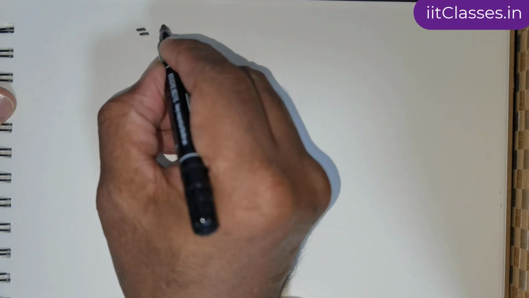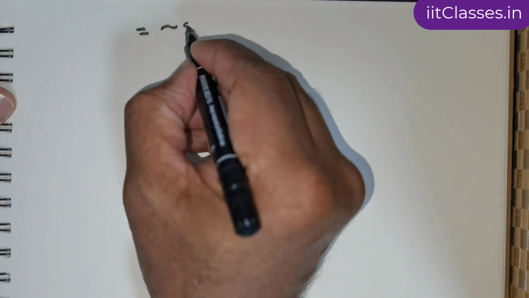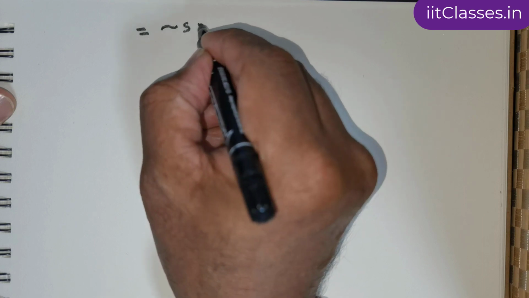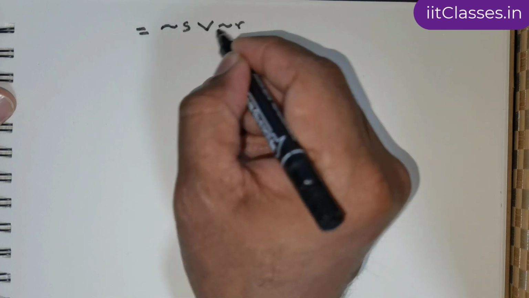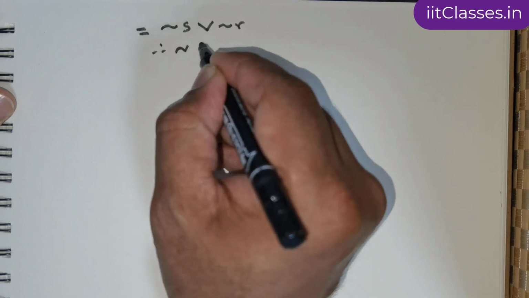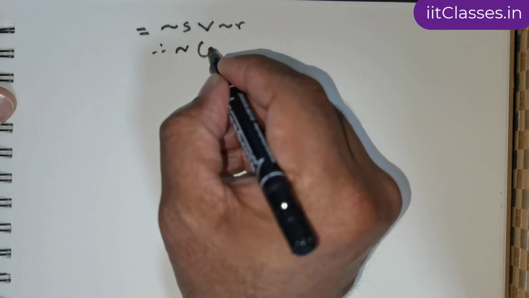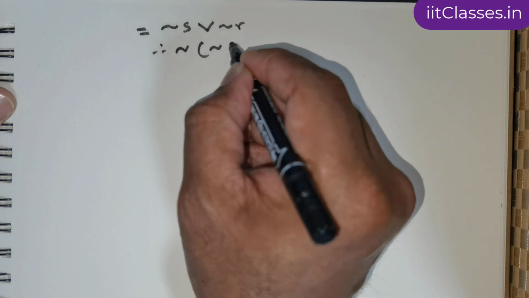Let me write that down. Negation of S, disjunction negation of R. Now we are expected to obtain the negation of this entire statement. So let me write this statement down.